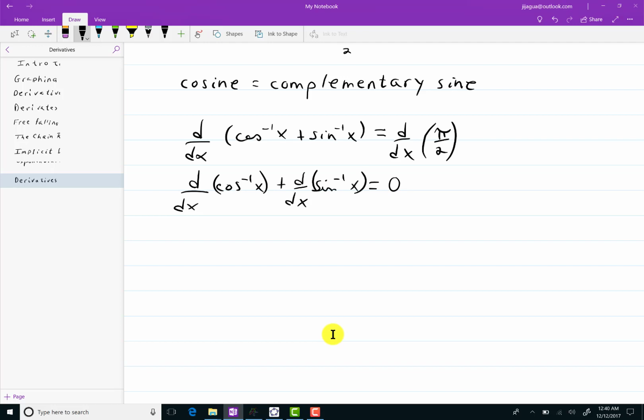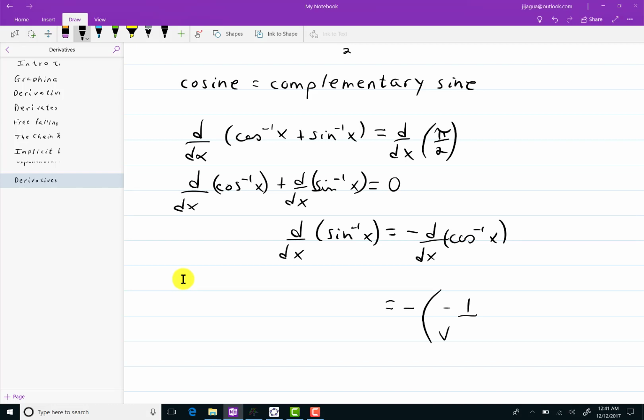Now, before even knowing it, I'm going to subtract d over dx of cos inverse x. This is important. All of the original trig functions and their co-functions all behave like this. Anyways, I already know what that one is. That was negative 1 over the square root of 1 minus x squared.